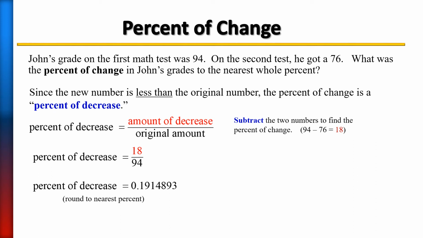From where the decimal is, let's move over 2 places, 1, 2, which is going to give me 19. So you can simply drop everything behind it. So rounding to the nearest whole percent, his grades decreased by 19%.